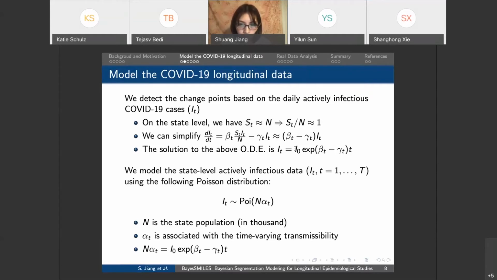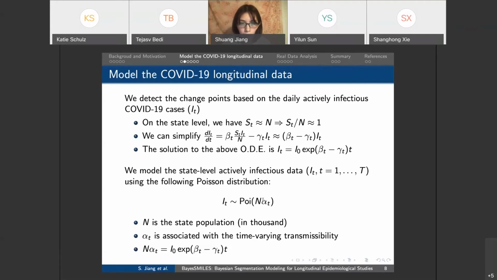But our observed data are all counts. So we assume that the measurement error structure follows a Poisson distribution. In other words, we assume that under each time t, the observed state level actively infectious count follows this Poisson distribution, and the mean is parameterized in this way. So here capital N represents the state level population we adjusted for each state.